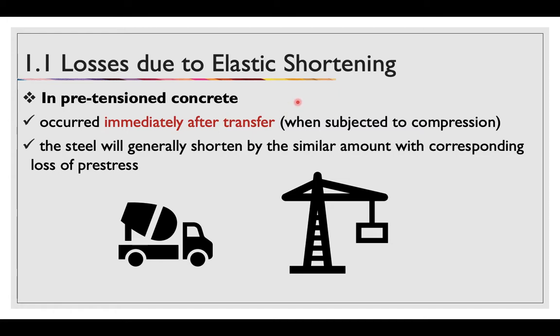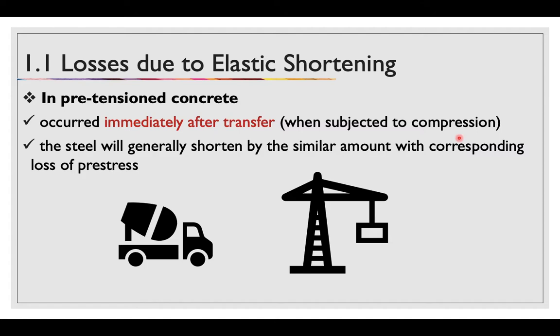First, we go through the losses due to elastic shortening. When we talk about elastic shortening, we are considering the losses that happen in the concrete. In pre-tension concrete, these losses due to elastic shortening occur immediately after transfer, when our structure is subjected to compression.